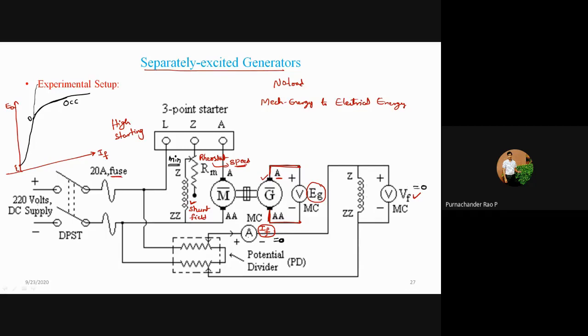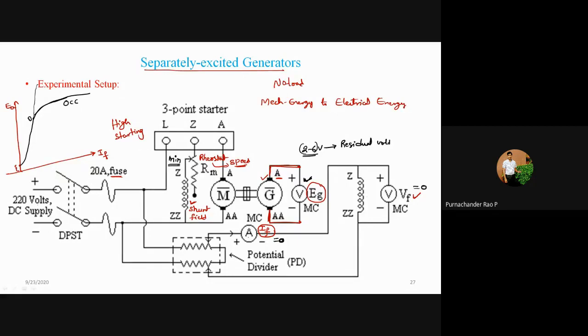But at this instant you may observe some 2 to 6 volts, or 10 volts, in the generated voltage connected across your generator, and this voltage is called the residual voltage.